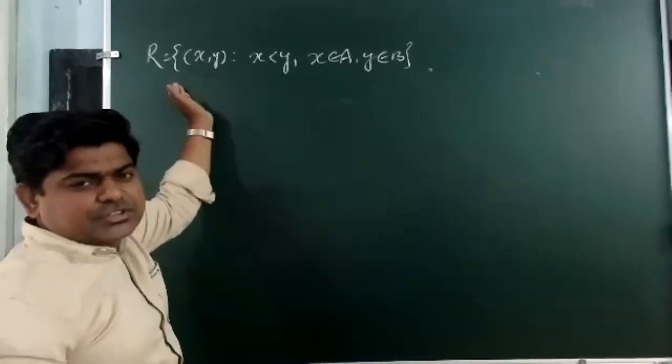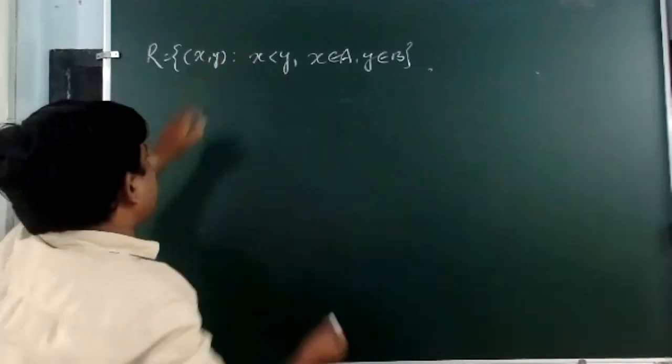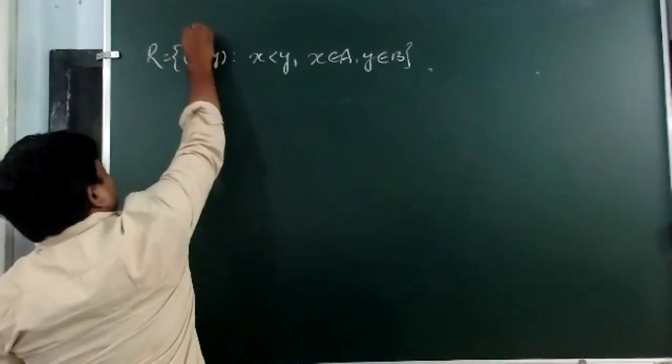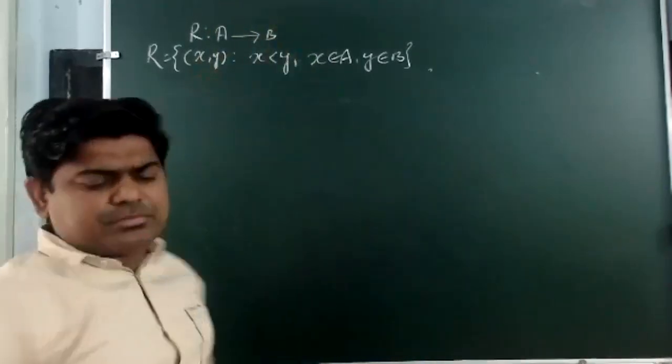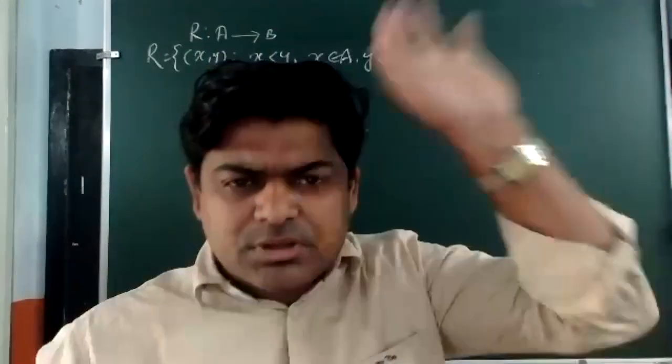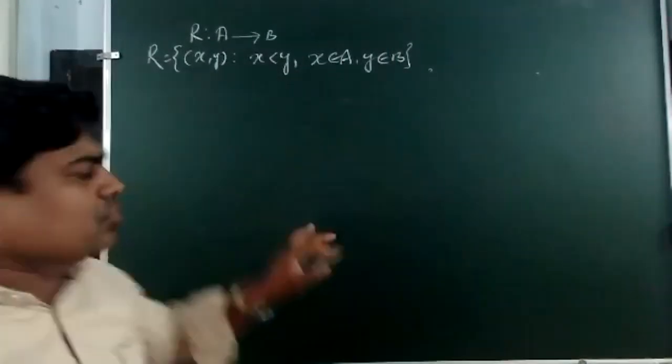Now, what is the relation between x and y? It's written there. Definitely, if R is defined from A to B, the first element should be from A and the second element should be from B.